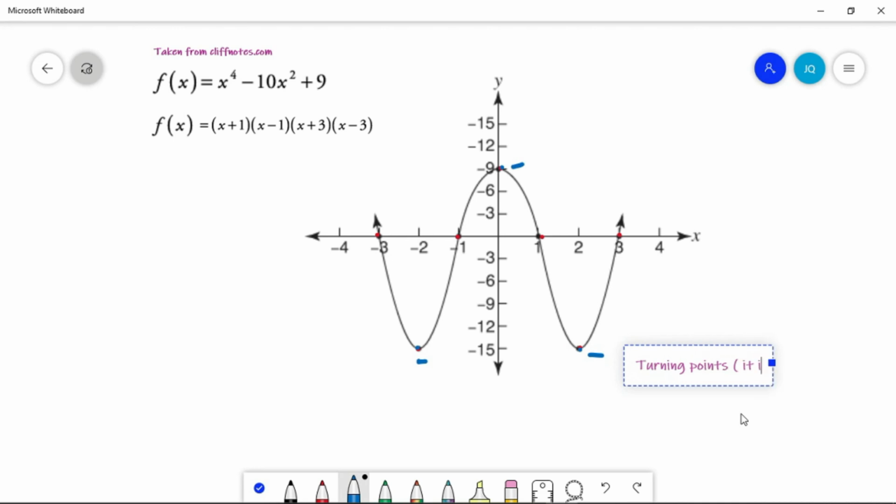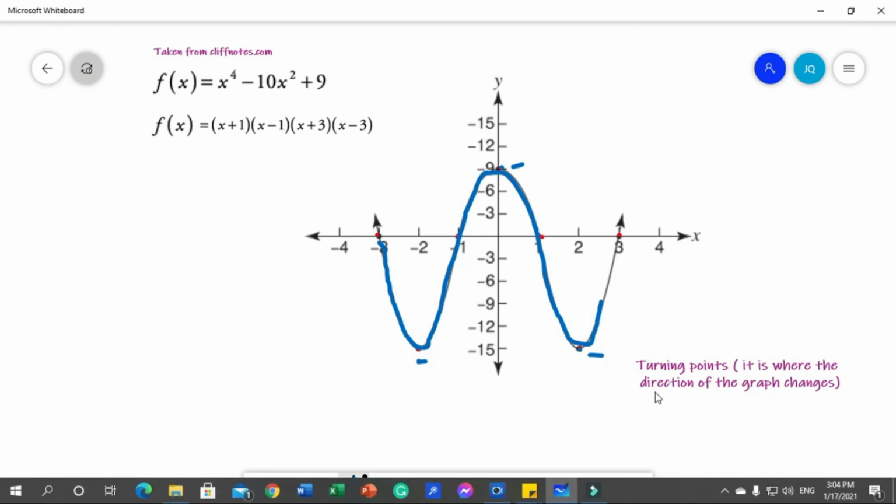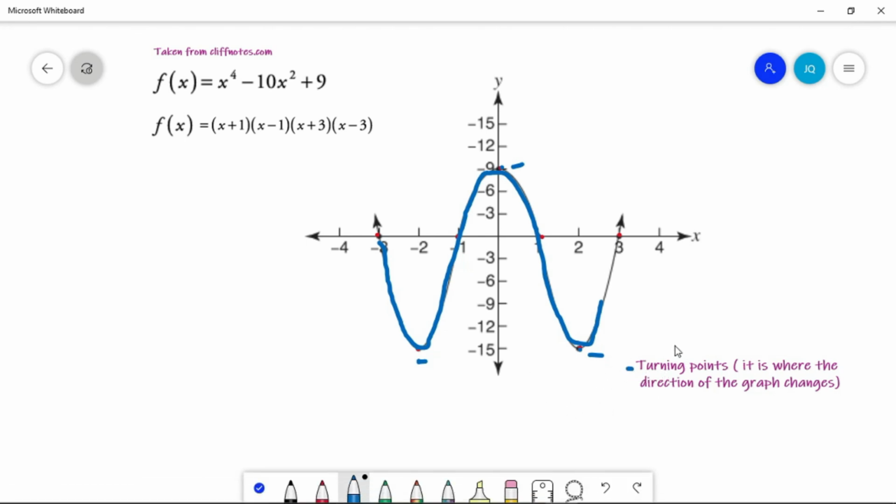Because it is where the direction of the graph changes, right? So from here, down, it changes going up, and then from up it changes going down, and then it changes going up. So that is the point where the graph changes its direction, and it's called a turning point.